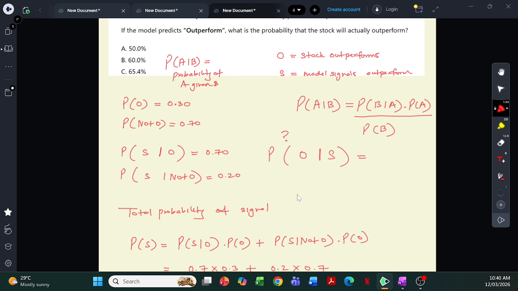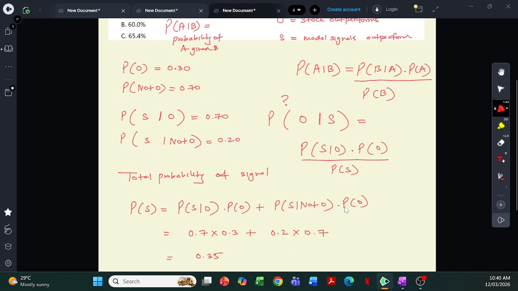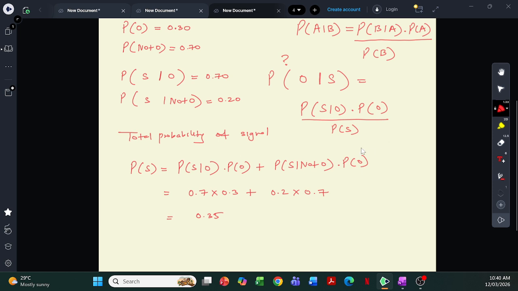And if I put it in this format, this would be P(S given O) multiplied by probability of O, divided by probability of S. So here now I'm going to put the answer here. S given O is 0.7. This is 0.3.